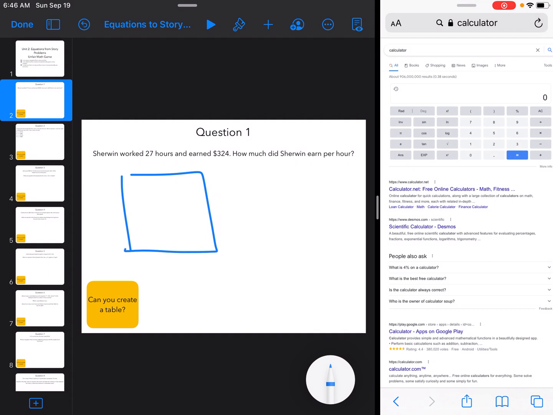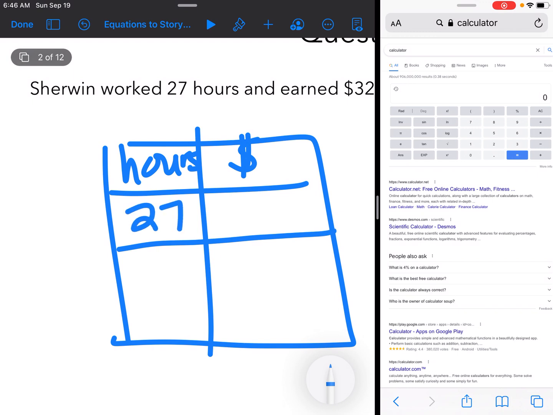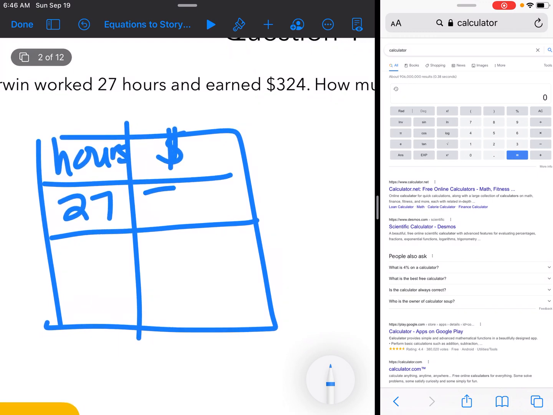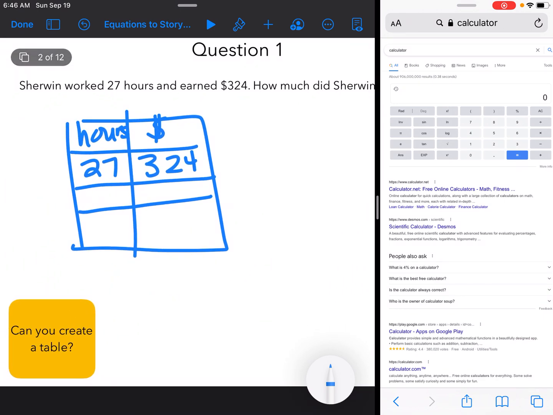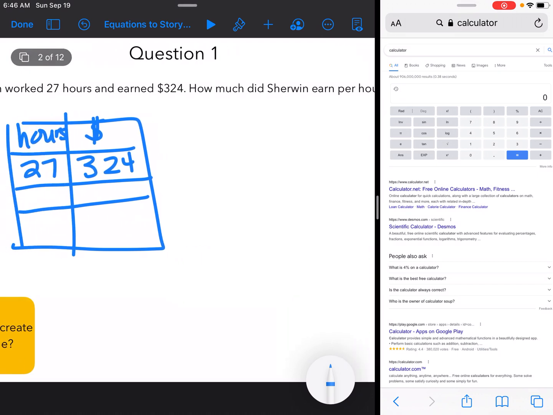So I know that I have hours, and I know that I have money, and I know it was 27 hours for $324. And I want to figure out how much did he earn per hour. So that means for 1 hour.